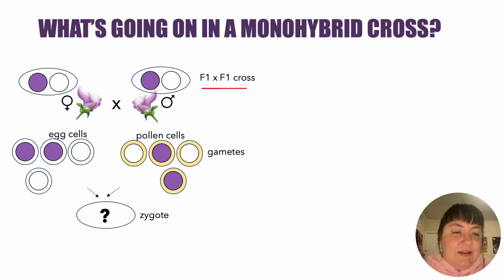Each hybrid has one purple and one white, and those are going to get randomly assorted into the gametes. So half of the egg cells will have the purple and half will have the white, and same with the pollen. So then what happens when the egg and pollen come together to make the zygote?